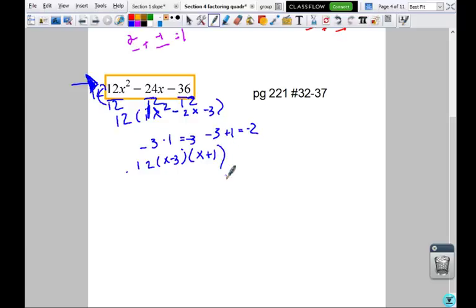And then one last thing. We have to keep that 12 in front, it can't just disappear. We factor it twice. Factor out 12.